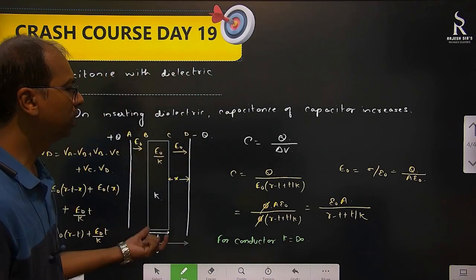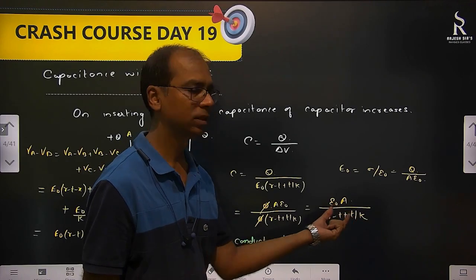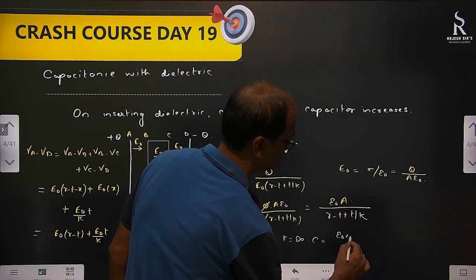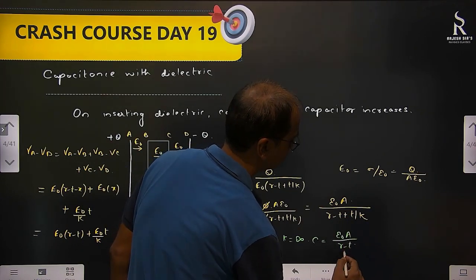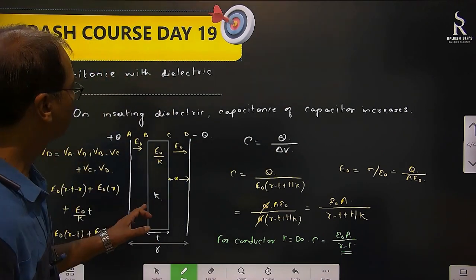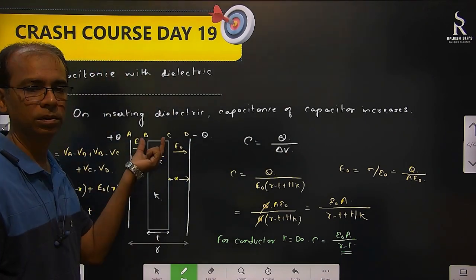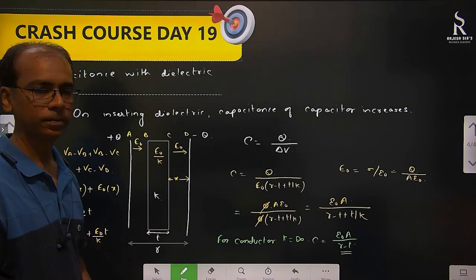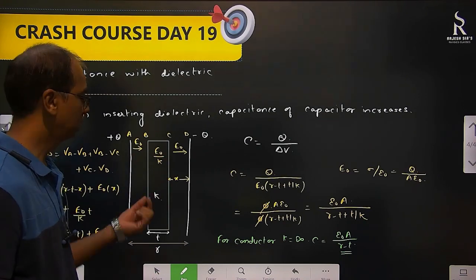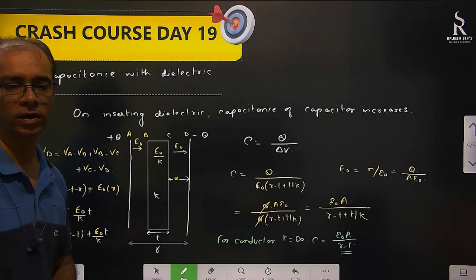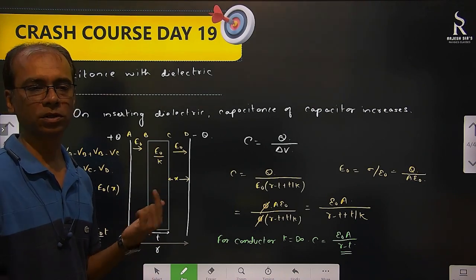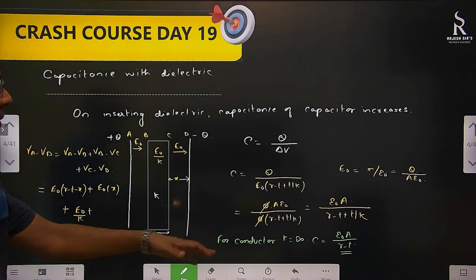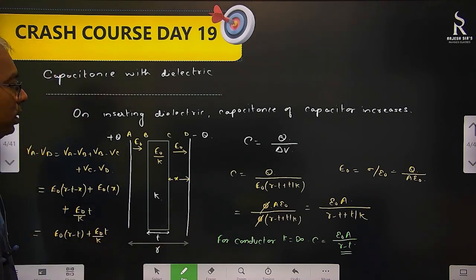So if this is a conducting medium, K will be infinite and our answer will be epsilon naught A by R minus T. If it is a conductor, there is no potential difference across it, because the electric field is 0 inside a conductor. So it becomes epsilon naught A by R minus T if it is a conducting plate.